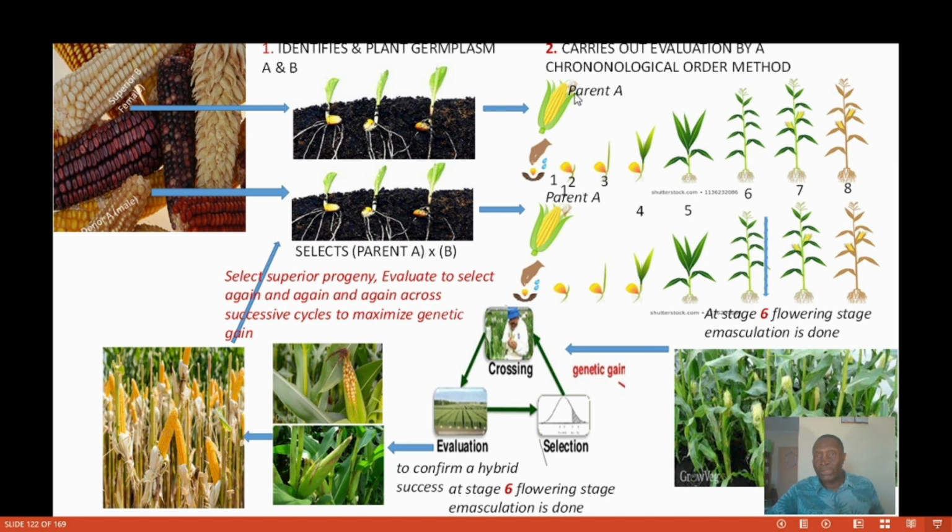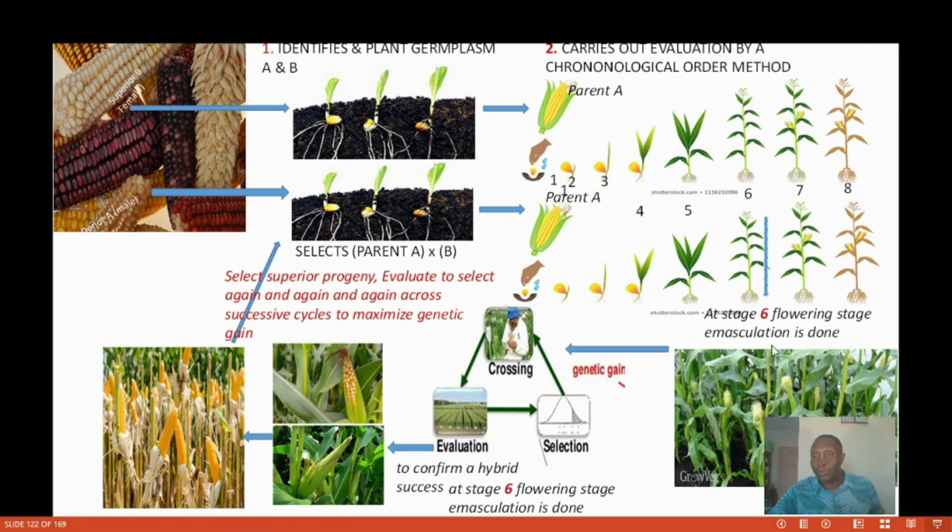And then, of course, we progress to carry out evaluation by a chronological order method. Remember, I asked that in the previous test. In this chronological order method, we start to evaluate how the plant performs. Then at stage 6 here, during the flowering, we have the silk, which is the reproductive part, and we have the tassel.